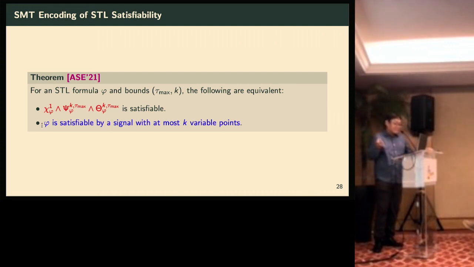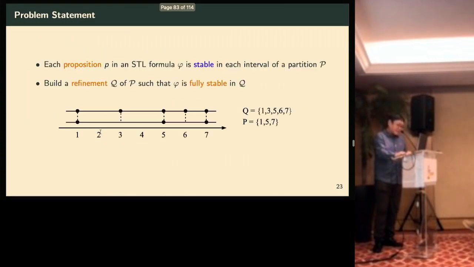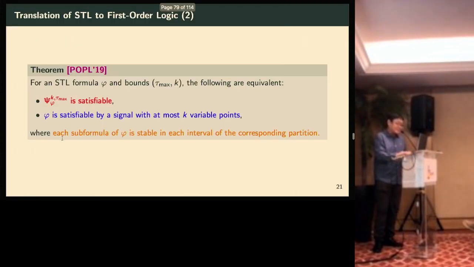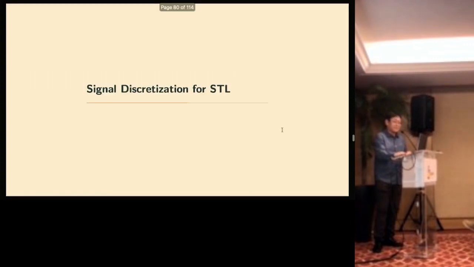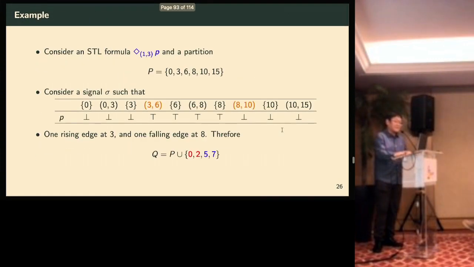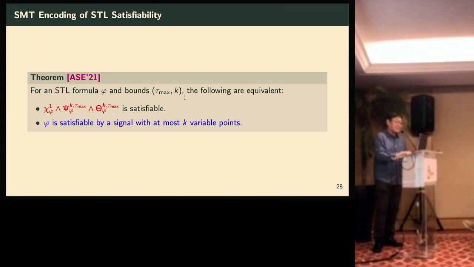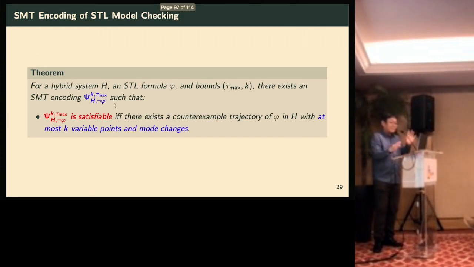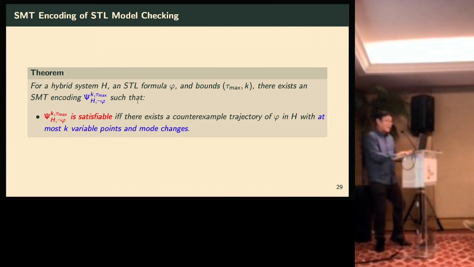So now the extra condition shown in the previous theorem is removed, because this new fragment of formula represents that. By combining them, we can have an SMT encoding of the bounded STL model checking problem.